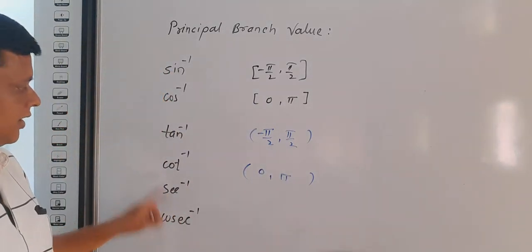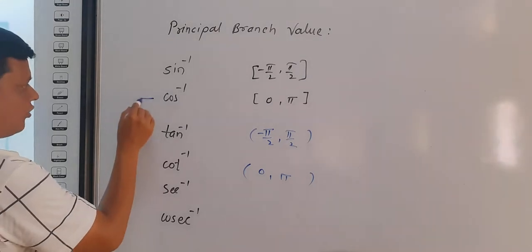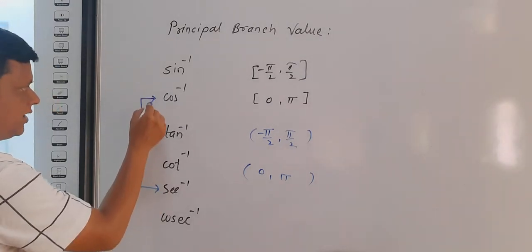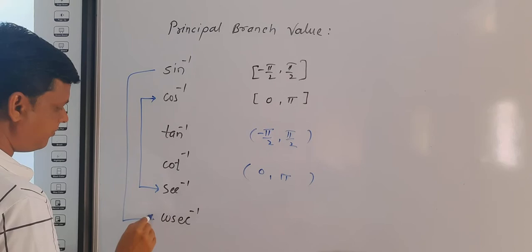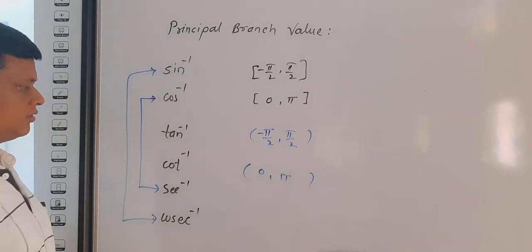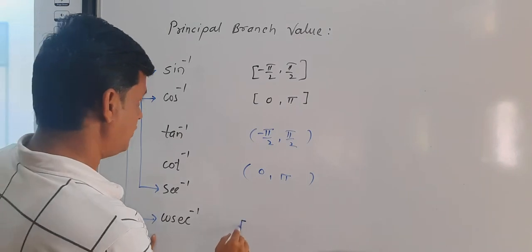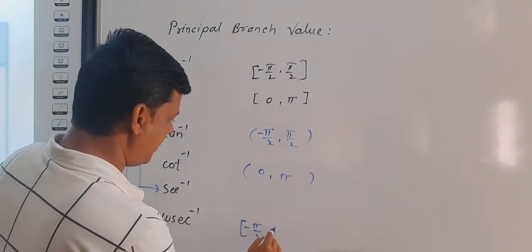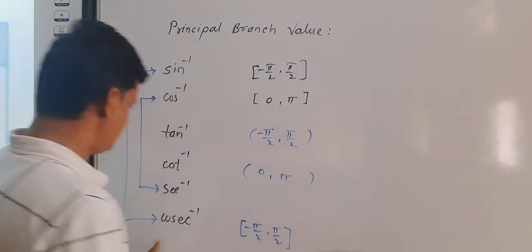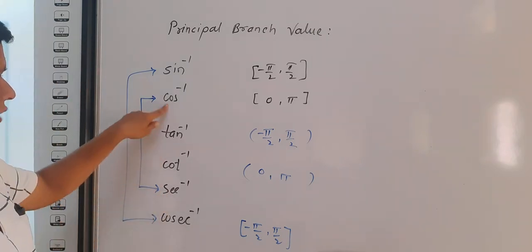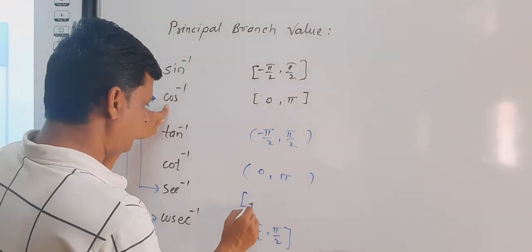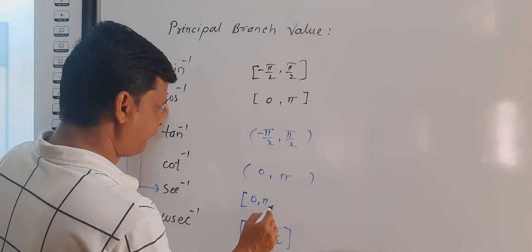Now we know that cos inverse pairs with sec inverse, sin inverse pairs with cosec inverse. So for sin inverse, closed interval minus pi by 2 to plus pi by 2. Sec inverse pairs with cos inverse, so we write closed interval 0 to pi.